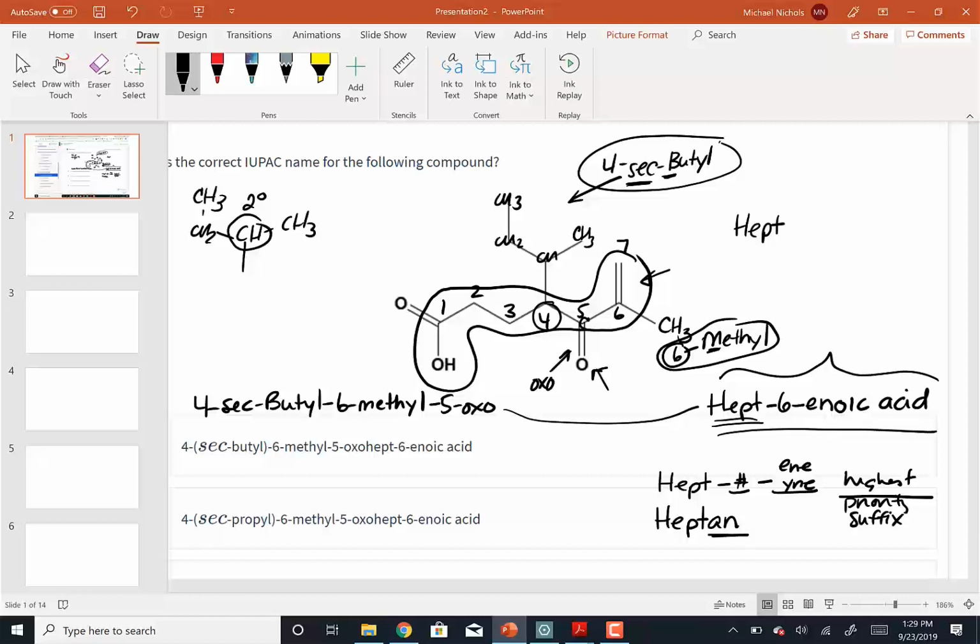The thing is, you use that as a double check. If you want to make sure you wrote this name right, cover up the structure and go about writing the structure again, and do you get the same thing?